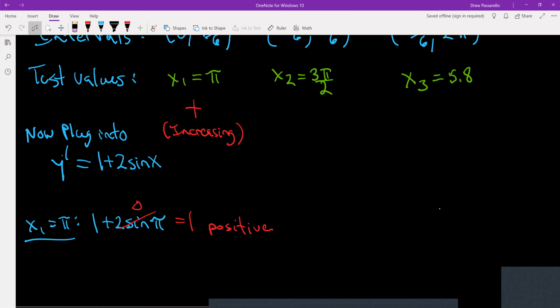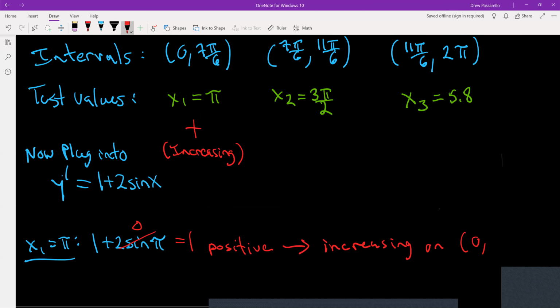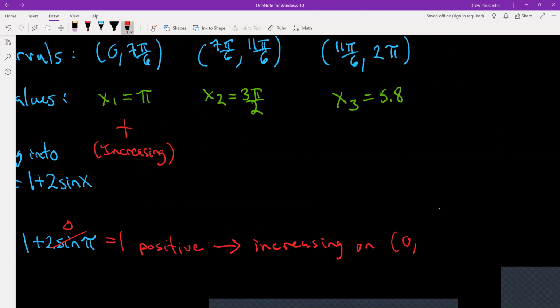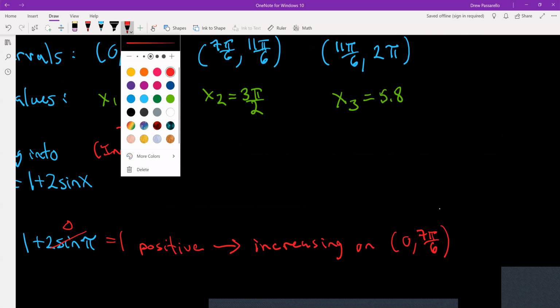So positive, therefore we know it's increasing on 0 to 7 pi over 6 because our test value came from that interval. At least that's part of the answer.